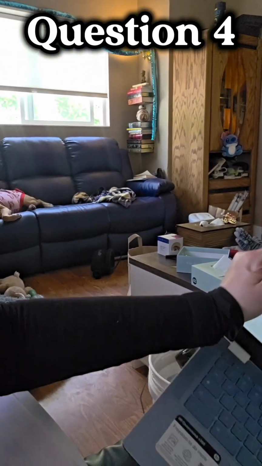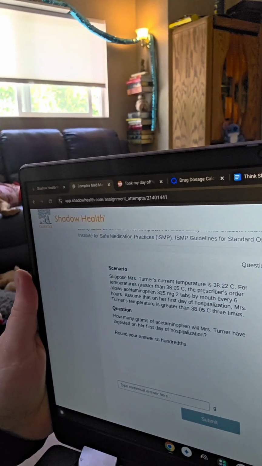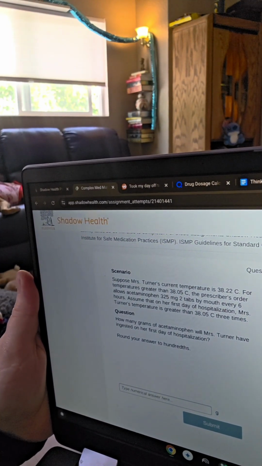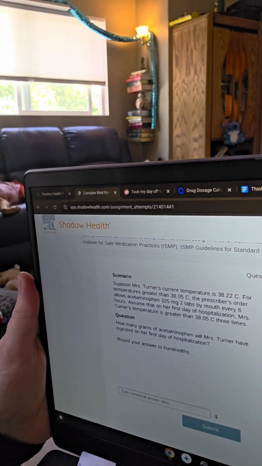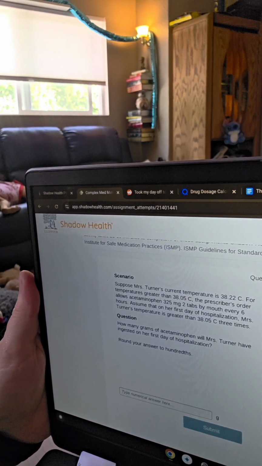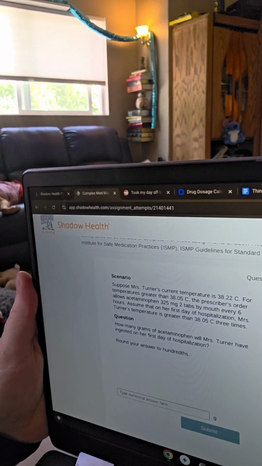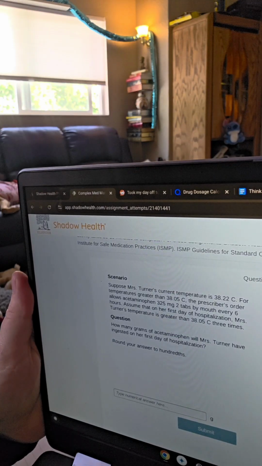Okay, let's do question 4 now. Question 4 states, suppose Ms. Turner's current temperature is 38.22 Celsius. For temperatures greater than 38.05, the prescriber's order allows acetaminophen 325 milligrams, 2 tabs by mouth every 6 hours. Assume that on her first day of hospitalization, Ms. Turner's temperature is greater than 38.05 3 times.